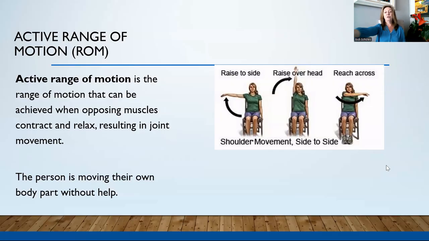We ask them to reach across their body or laterally, adduction in the normal plane, abduction. Active range of motion is simply that person moving their own body part.